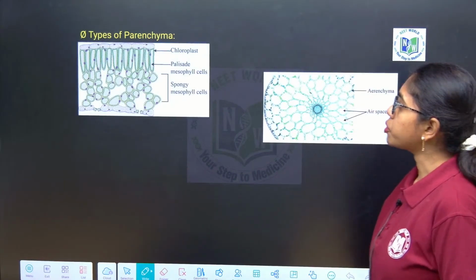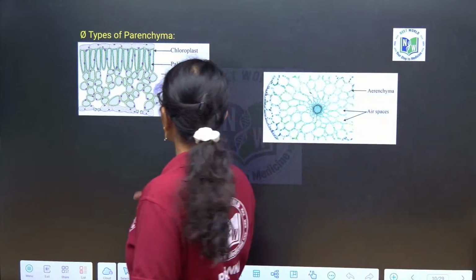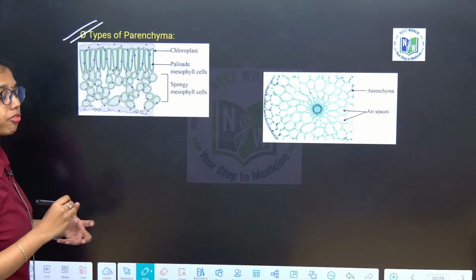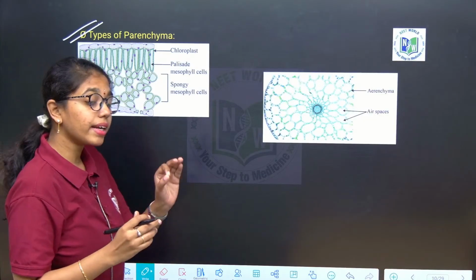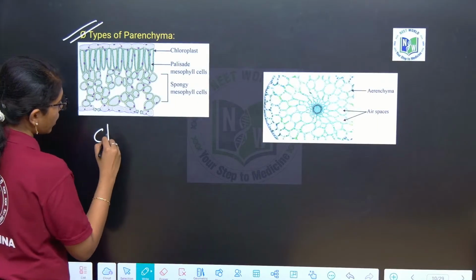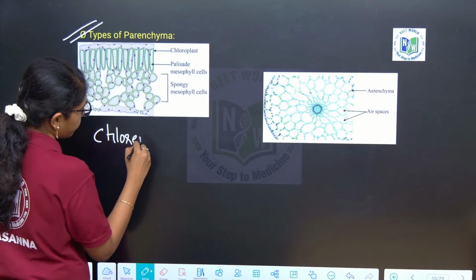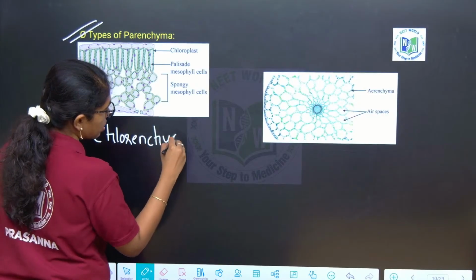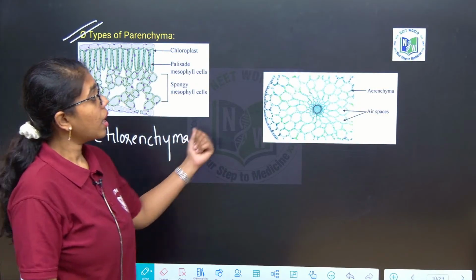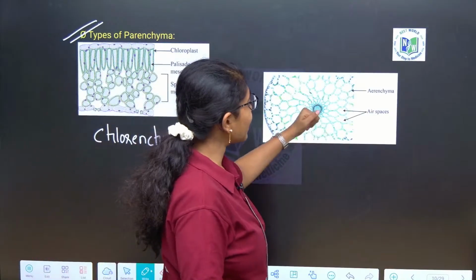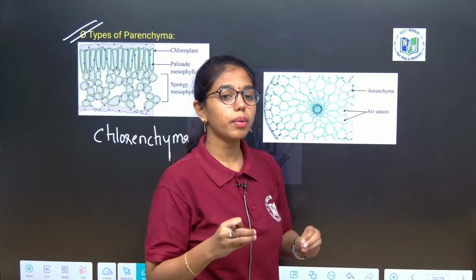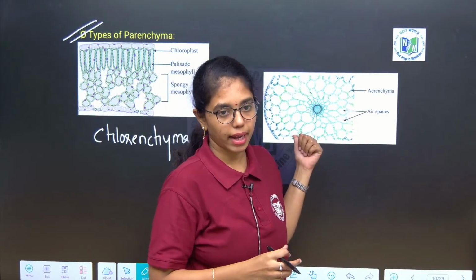Now, types of parenchyma. You have two types of parenchyma. If parenchyma has chloroplast inside it, you will call it chlorenchyma, which does the function of photosynthesis. Parenchyma present in aquatic plants, of course we know that most of the plant body is occupied by parenchymatous tissue.